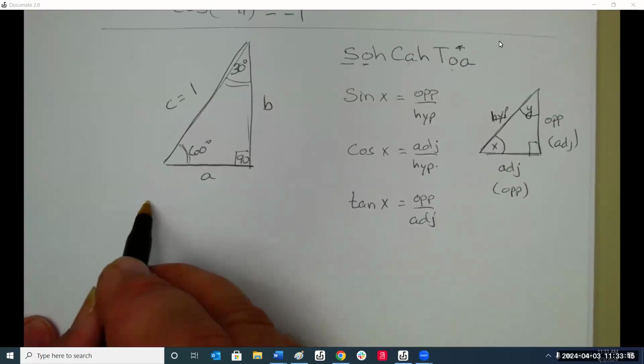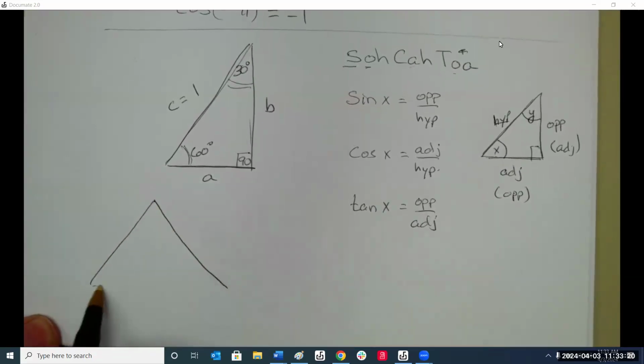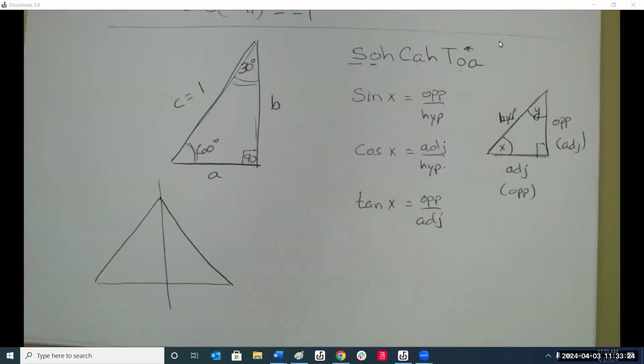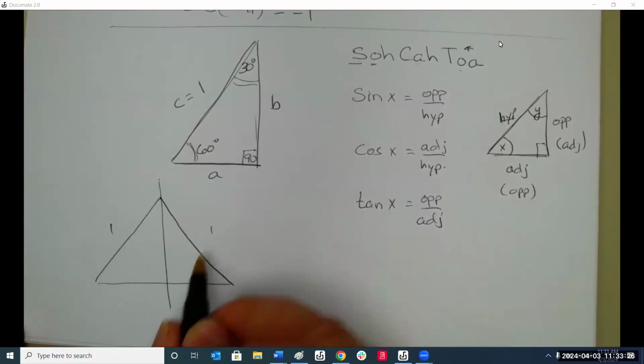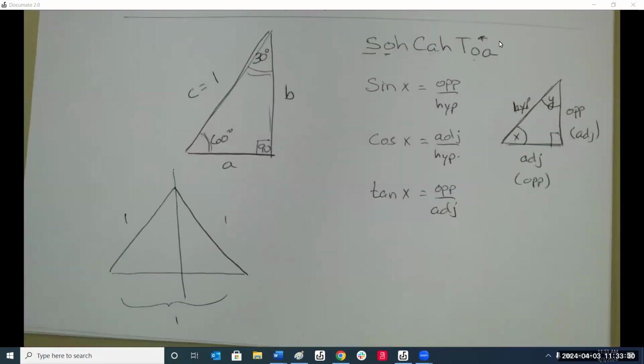So if we had all three sides equal to 1, what would A be here?